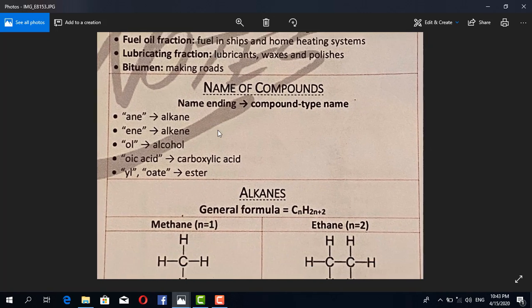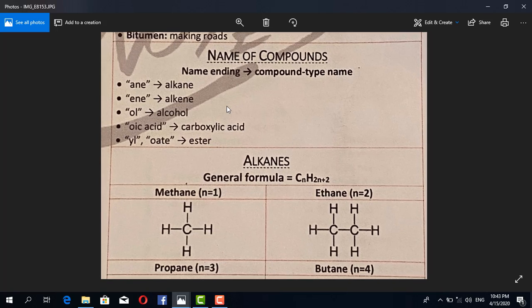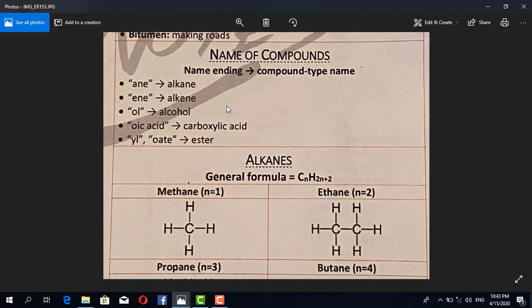The first thing that we go through here after the fuels is the compounds that make up organic chemistry, or the organic compounds. We've got the alkene, the alkane, the alcohol, the carboxylic acid, and the esters. Anything that ends with an ane refers to an alkane.